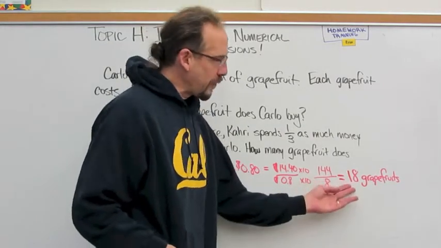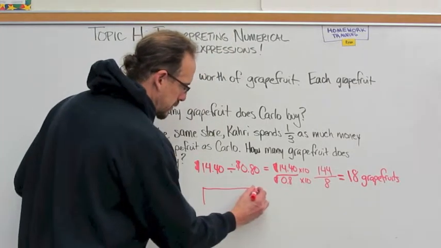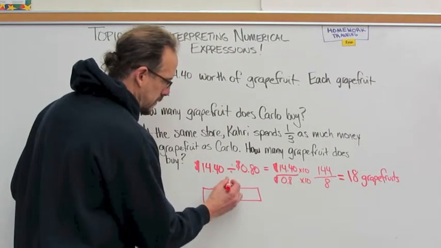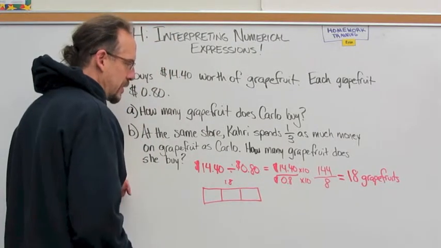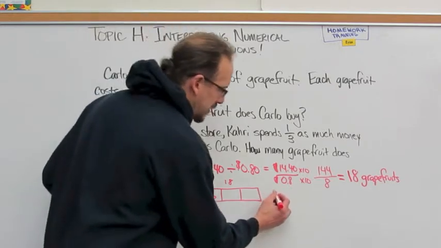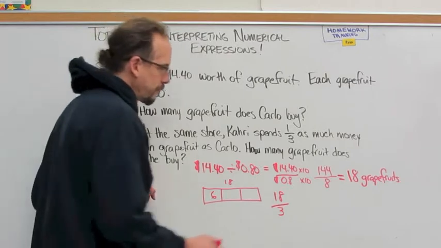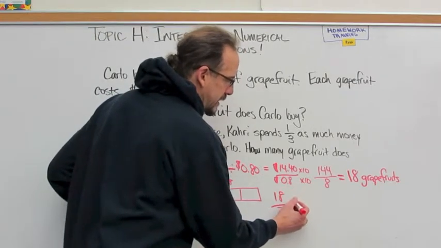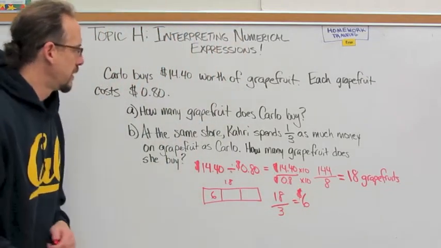And so a third of 18, meaning we'd have to take 18 and split it up into 3 equal parts, meaning she would buy 6. 18 divided by 3, a third of 18, and that would be 6 grapefruits for Kari.